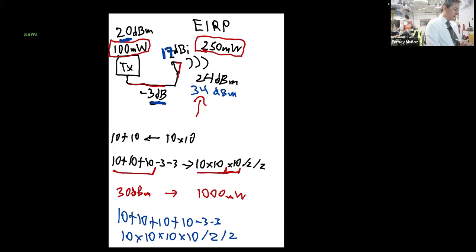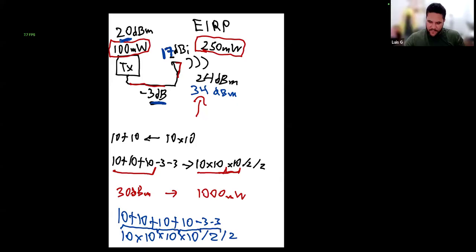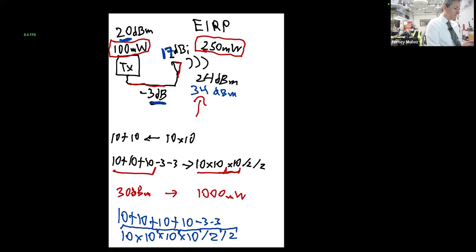Okay. 10 times 10, 100. Times 10, 1,000. Times 10, 10,000. Divided by 2, 5,000. 5,000 divided by 2, 2,500.